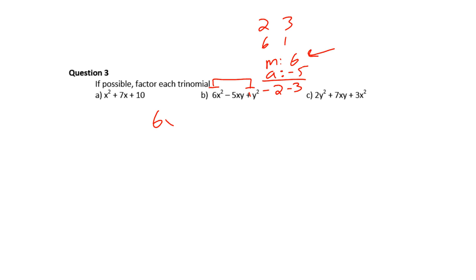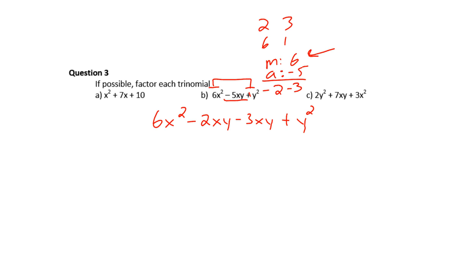We've got 6x squared minus 2, and you have to write xy with it as well now, so that's another little difference. Minus 2xy minus 3xy. And then lastly, you've got just plus y squared.